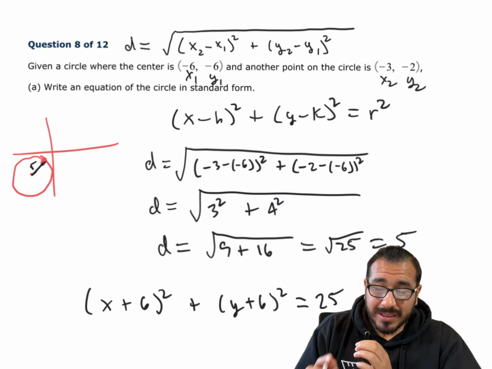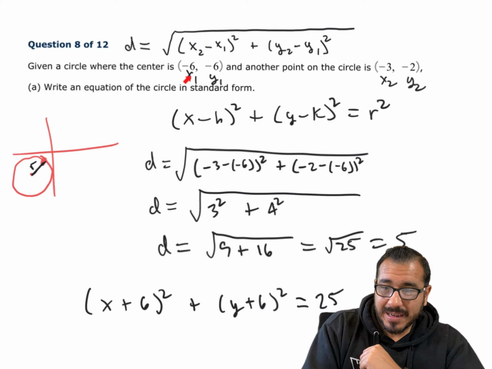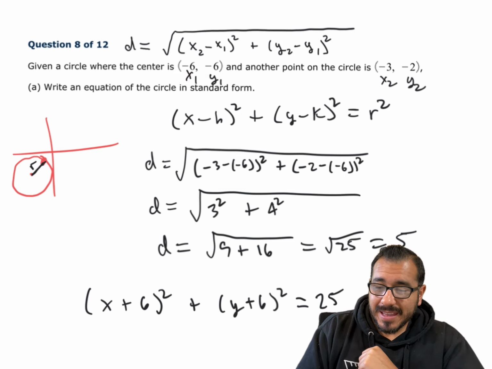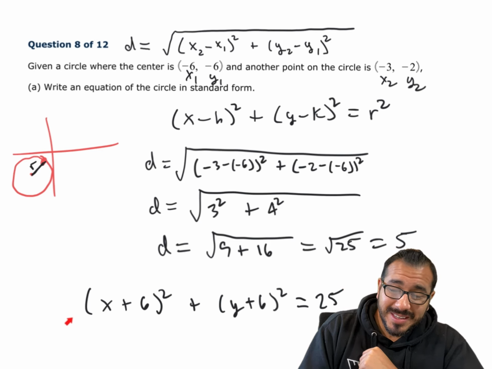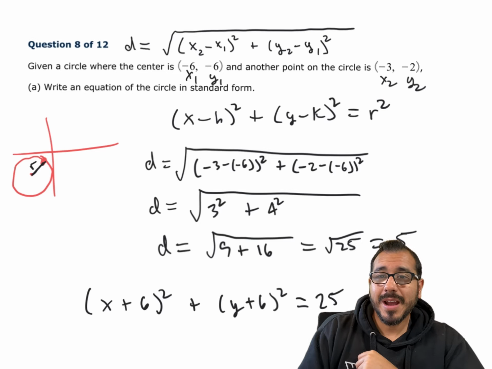So again, let's just check this real fast. Our center is -6, right? We take the opposite, -6. That matches exactly what we said. And then we take this radius and we square it, and it gives us the 25. So this represents the equation of this circle described here.